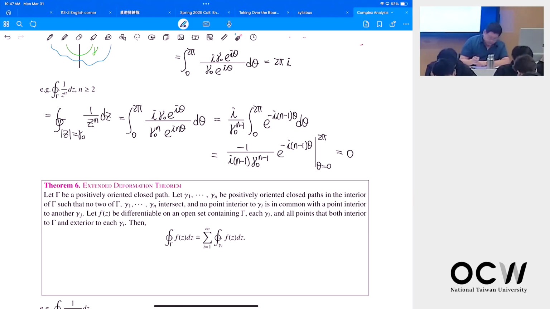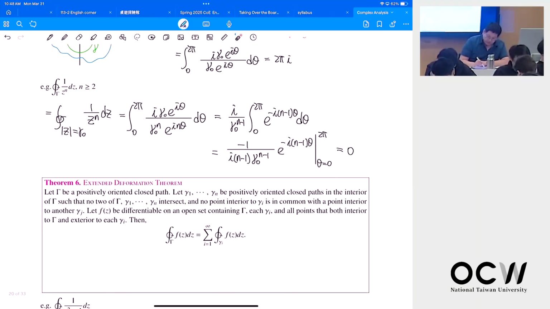Suppose I have more smaller closed curves, gamma 1 to gamma n, and they are still positively oriented closed paths inside this tau, and there's no intersection, no overlap.